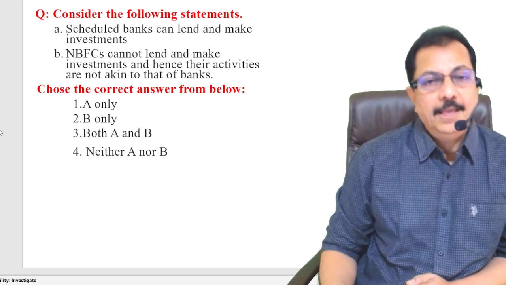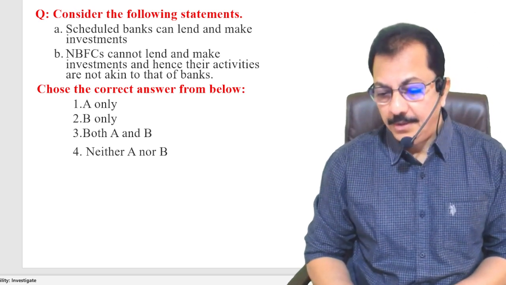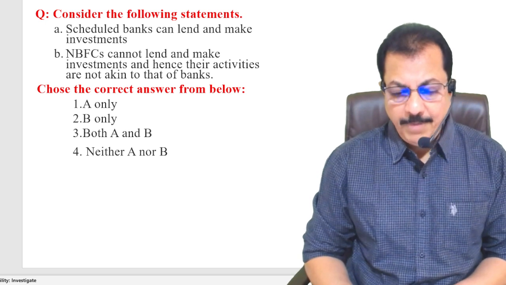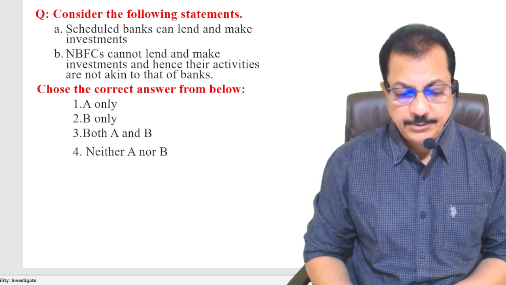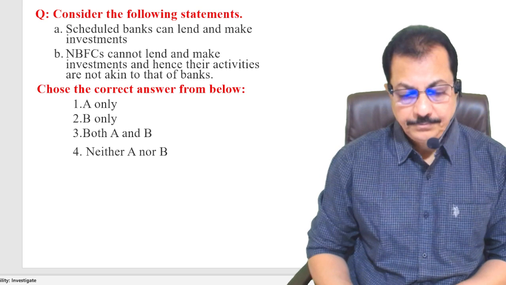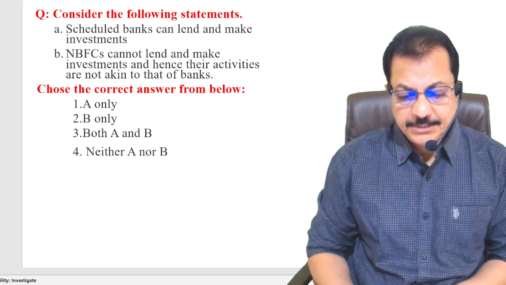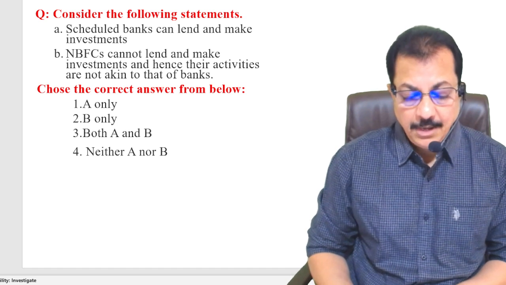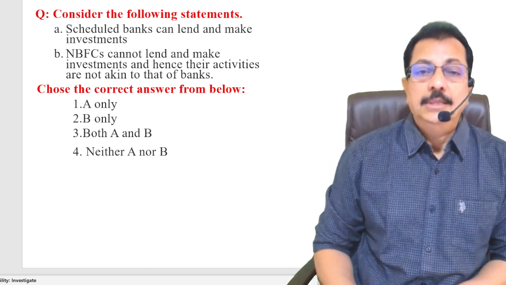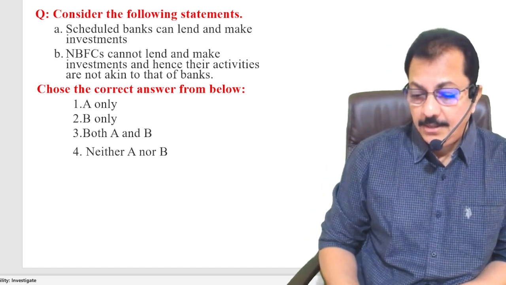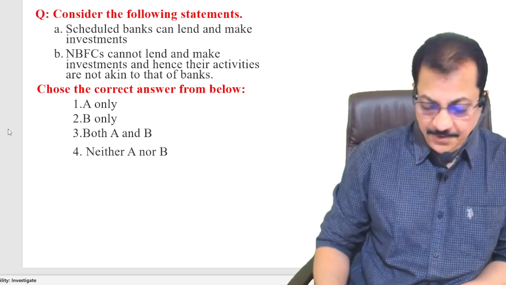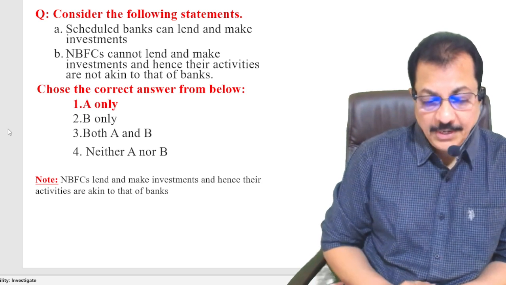Another question we have. Right? Scheduled banks can lend and make investments. Agreed. NBFCs cannot lend and make investments, and hence their activities are not akin to the banks. Right? So, what is the answer for this? You must have a guess now. Right? Look at this.